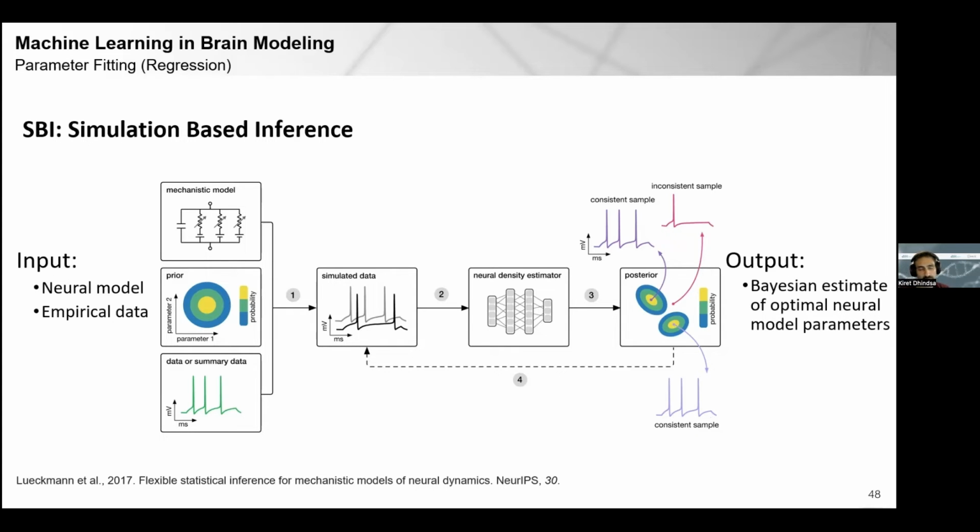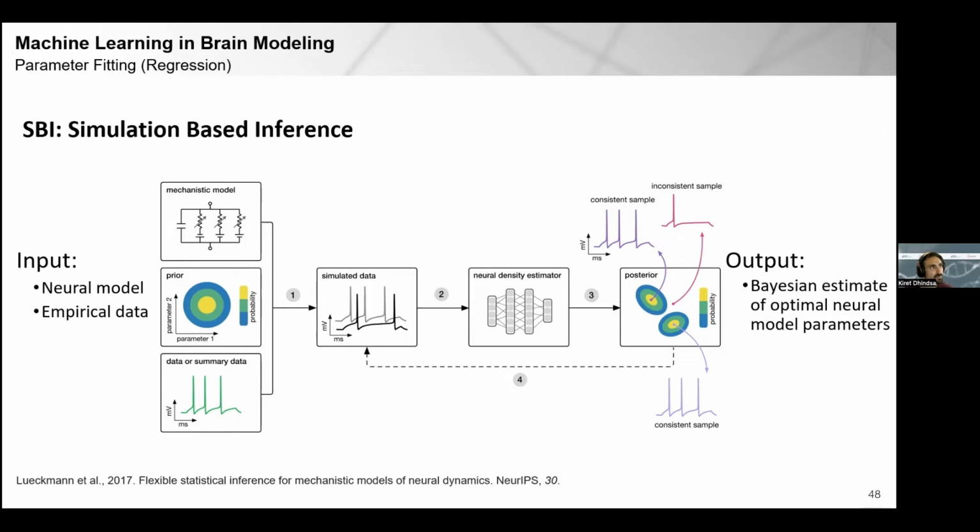Traditionally, we use either some grid search method to find the hyperparameters that maximize the fit between the output of our neural model and our empirical data, or we could use some kind of Bayesian method. There are now also machine learning and in particular deep learning methods that are based on Bayesian inference that more efficiently and perhaps more accurately and precisely allow you to find the optimal parameters.